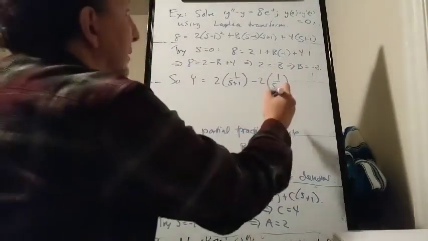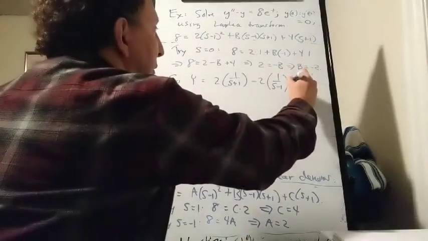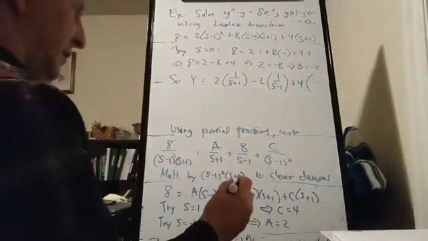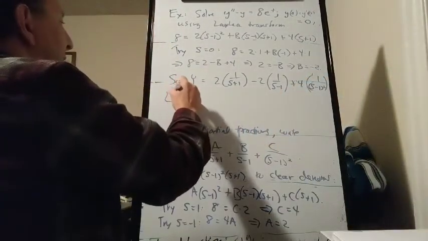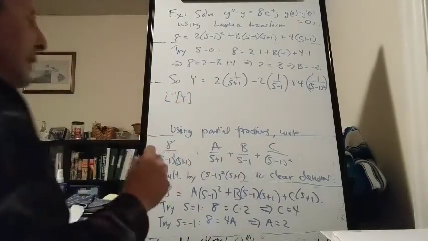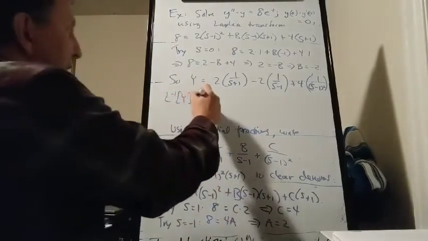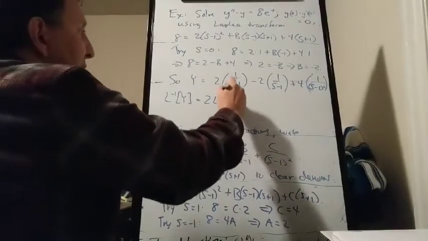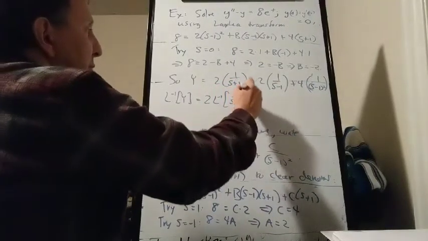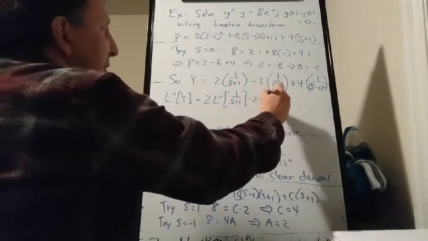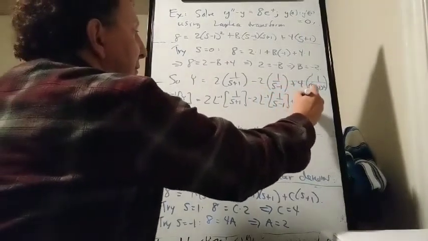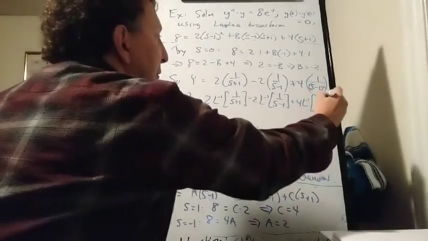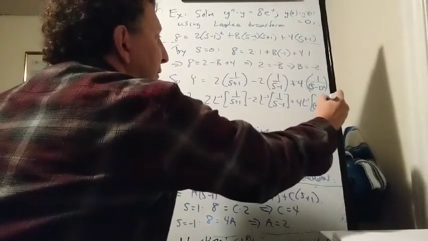C is 4, plus 4 times 1 over s minus 1 squared. So the inverse Laplace transform of Y equals 2 inverse Laplace transform of 1 over s plus 1 minus 2 times inverse Laplace transform of 1 over s minus 1 plus 4 inverse Laplace transform of 1 over s minus 1 squared.